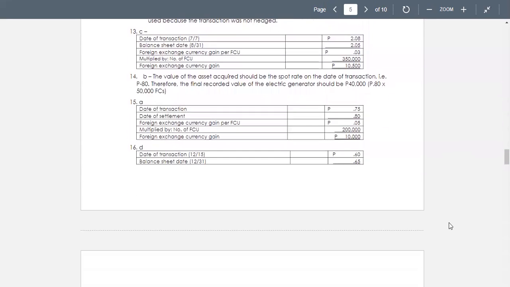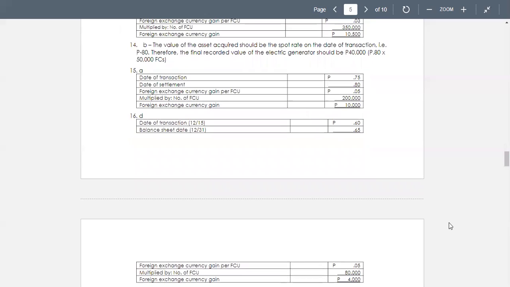What does the problem ask in number 16? What gain or loss would the Philippines record on December 31, 1948? So, what's the amount to be recorded? Is it a gain or a loss?